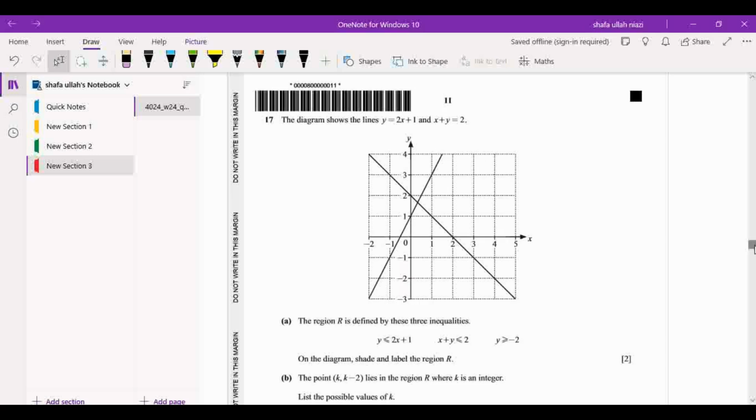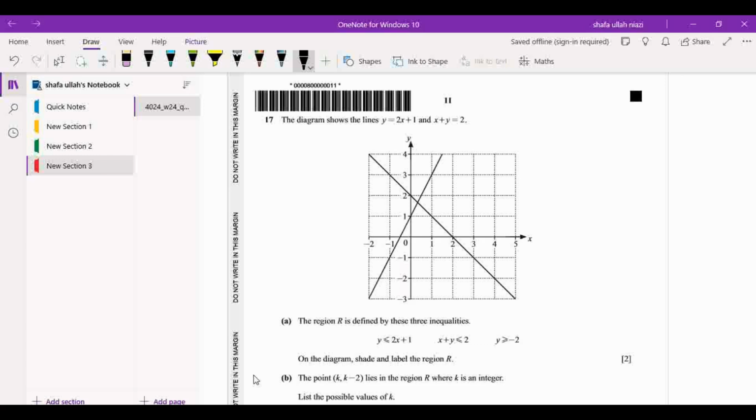The diagram shows line y is equal to 2x plus 1 and x plus y is equal to 2. These two lines are given. Look here, this line is x plus y is equal to 2, and this line is y is equal to 2x plus 1 because 1 is here, mx plus c.